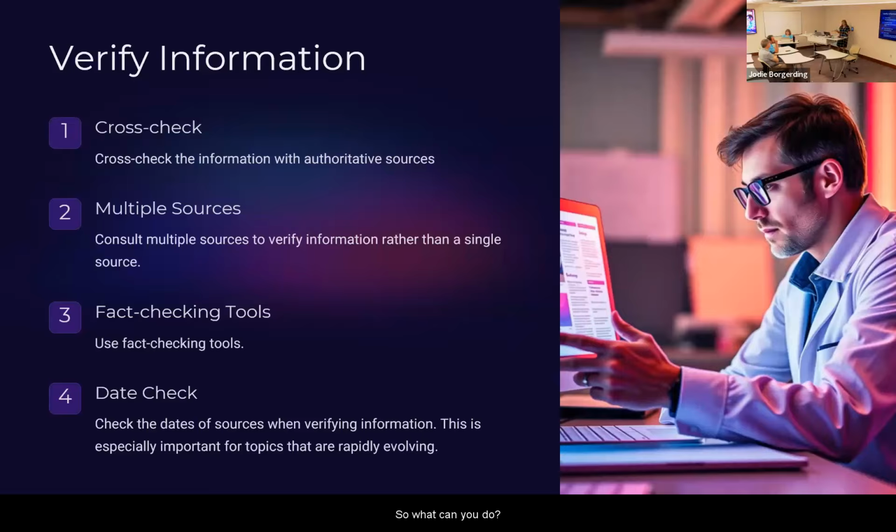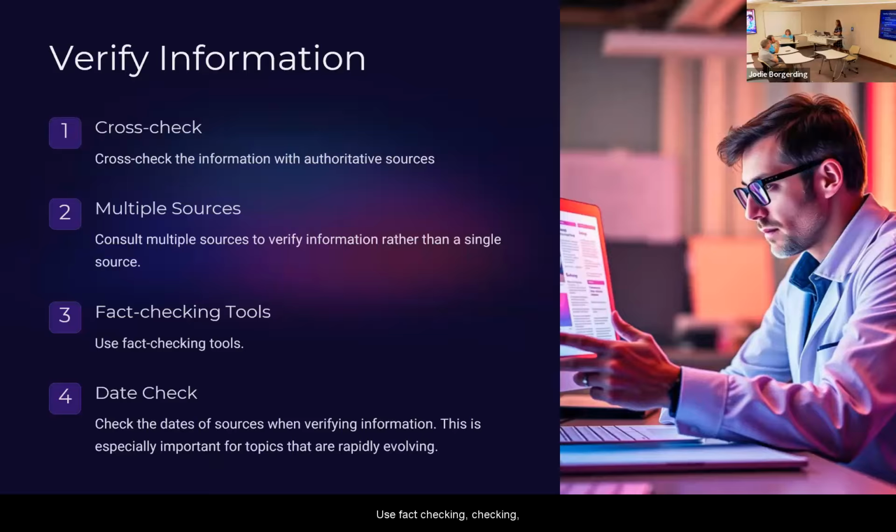So what can you do? Cross-check that information with authoritative sources. Look at academic journals or government and university publications. Consult multiple sources to verify information rather than a single source. Go to IMDb, go to Wikipedia to verify if Pee Wee Herman actually was in Song of the South. Use multiple sources.